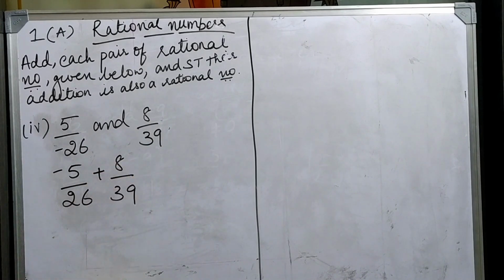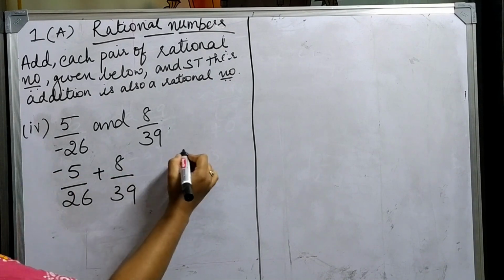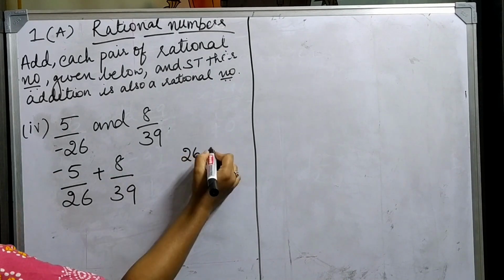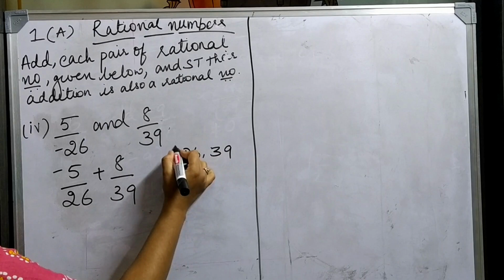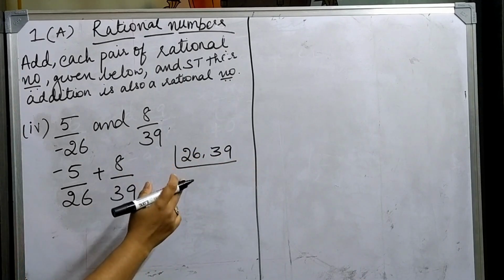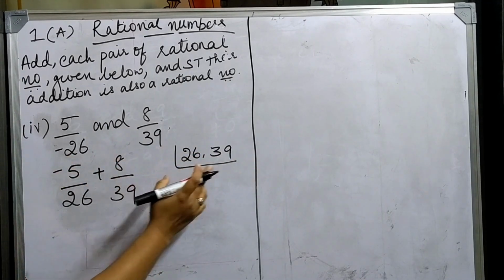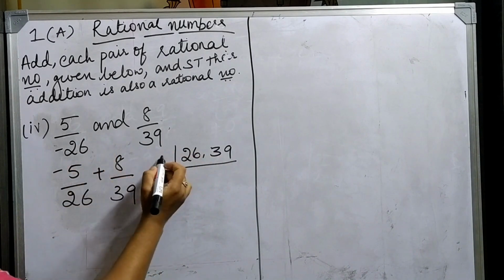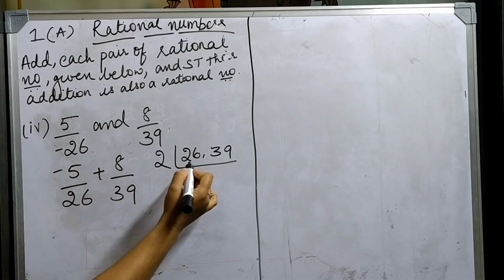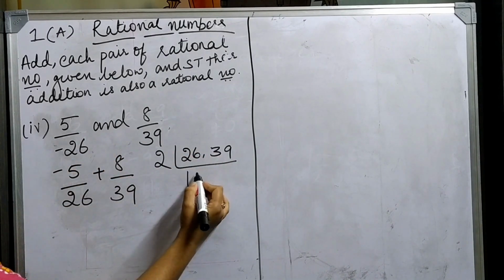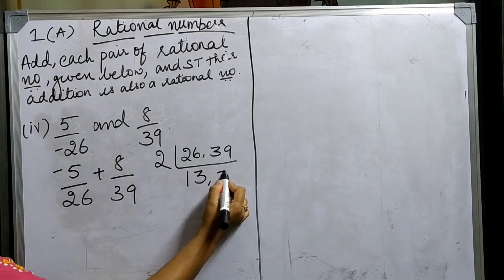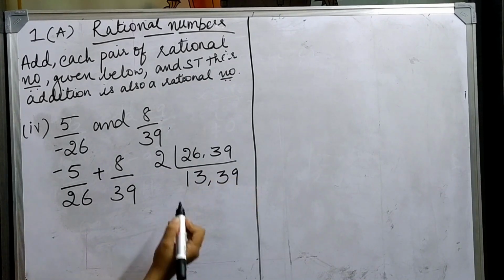Now let us take the LCM of 26 and 39, the least common multiple. Let us check from 2. If we take 2, is 26 divisible by 2? Yes. 13 is, and 39 is not divisible, so we will write it as it is.